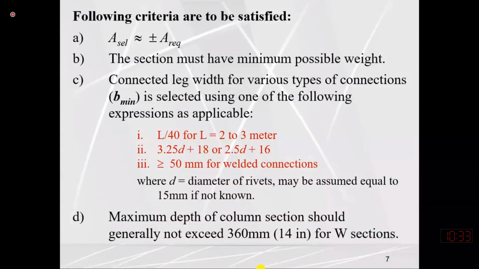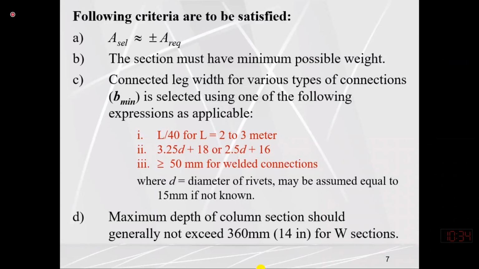So any section whose area is marginally less than the required area may also satisfy. So the area of the selected section should be approximately equal to the required area. We have to select the section with the minimum possible weight among all the available options.